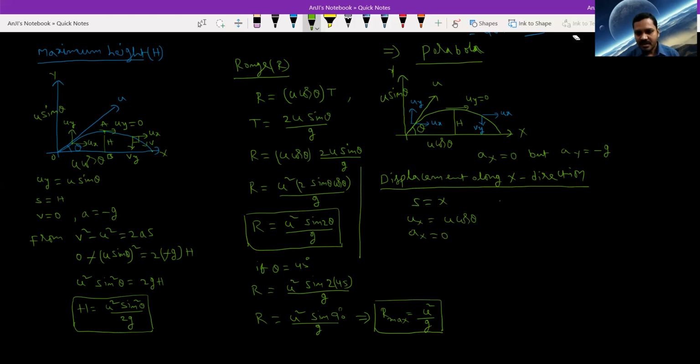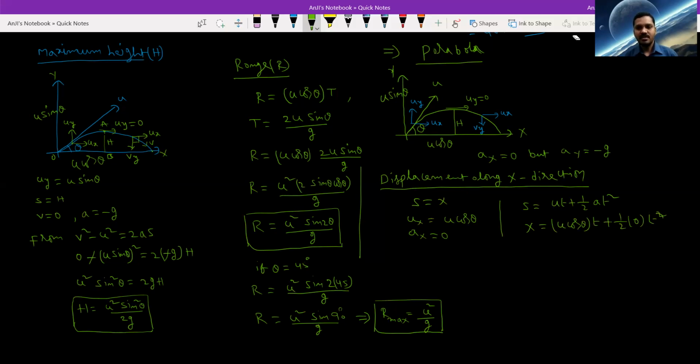Now substituting these three values in the equation S is equal to ut plus half at square, x is equal to u cos theta into t plus half into 0 into t square.